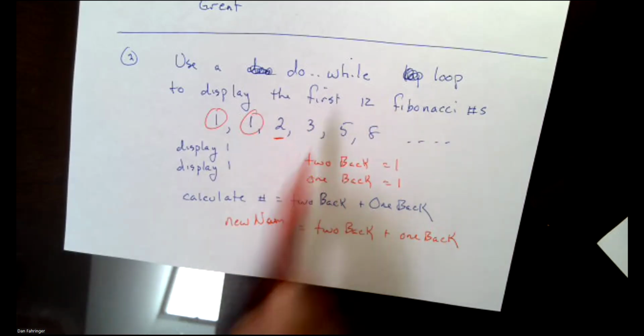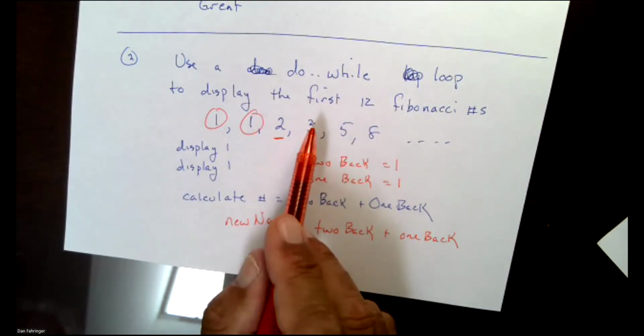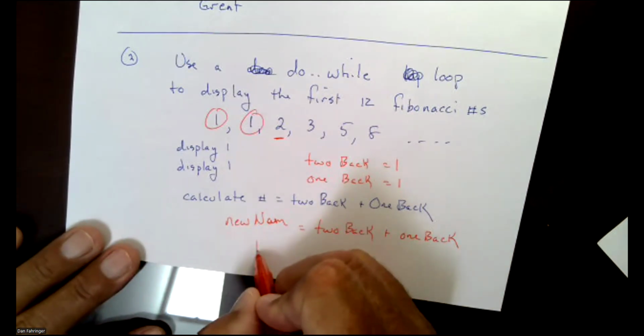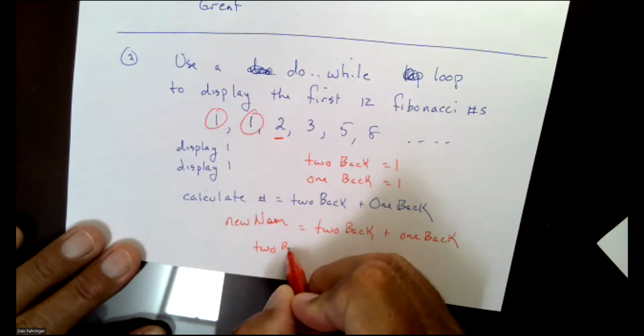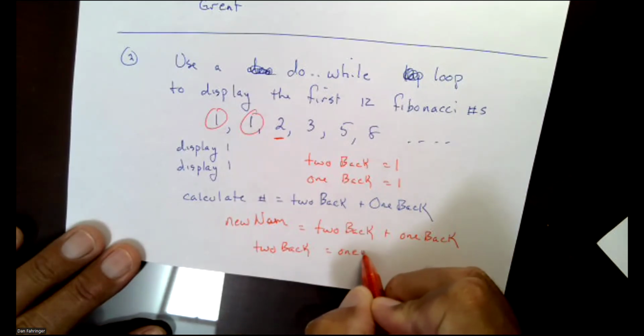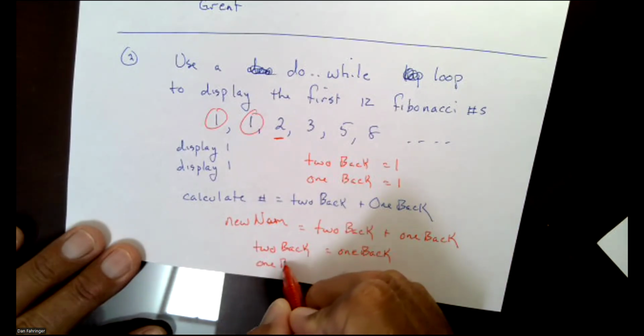Now, in order to get my next number, what would have to happen? You'd have to replace the first number with the second number. In order to get 2 back is going to now have to be 1 back. And what's 1 back going to have?